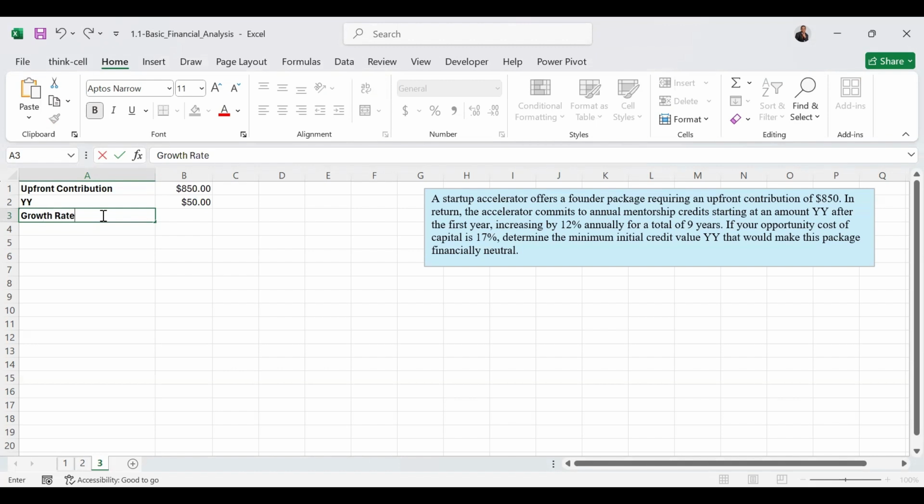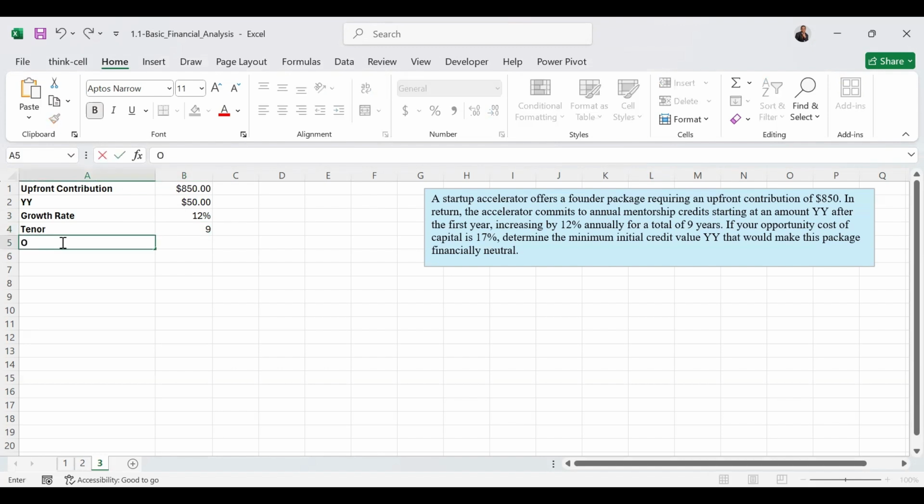Growth rate. My growth rate provided is 12%, and tenure is 9 years.